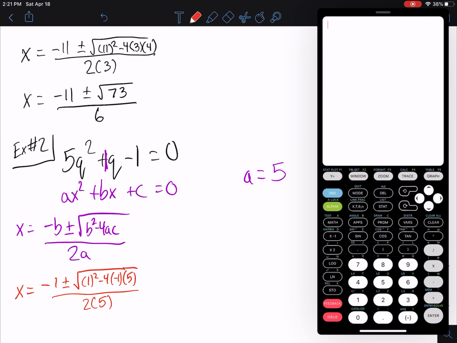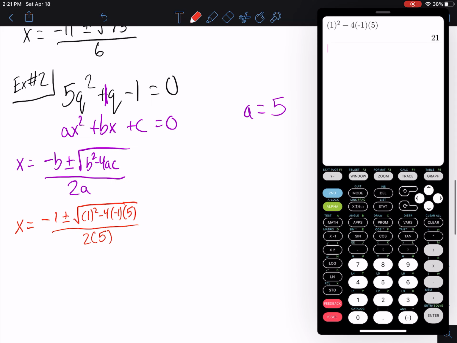We want to plug in what's under the radical first: 1 squared minus 4 times negative 1 times 5, and we get 21. So x is equal to negative 1 plus or minus the square root of 21 over 10. Again, I'm just multiplying that 2 times 5 on the bottom.